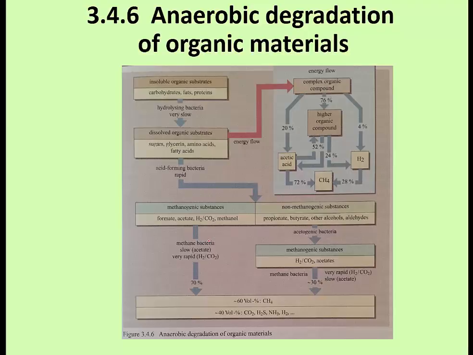And also, some countries have keyed into the idea of anaerobic degradation of these waste materials. The United Kingdom, Germany, and Denmark all use anaerobic degradation of waste material to produce fuel, and they recover the fuel because anaerobic degradation, as we said, will produce methane gas.